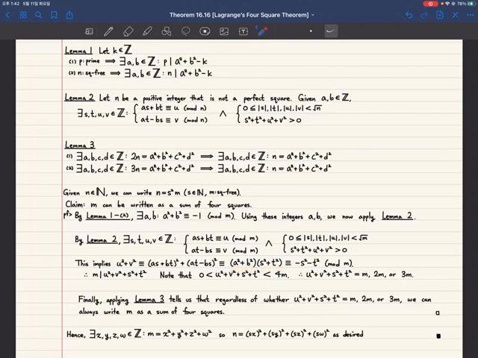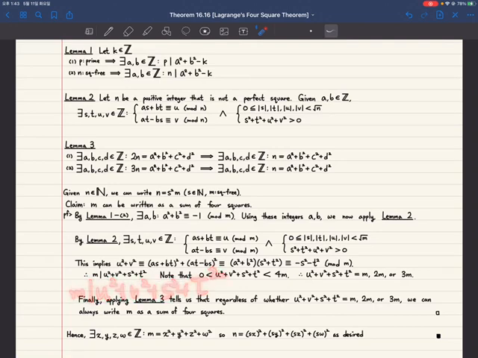But what do we know? We fixed integers a, b such that a squared plus b squared is congruent to -1. So we can write this as minus s squared minus t squared modulo m. That implies that m divides u squared plus v squared plus s squared plus t squared, right?